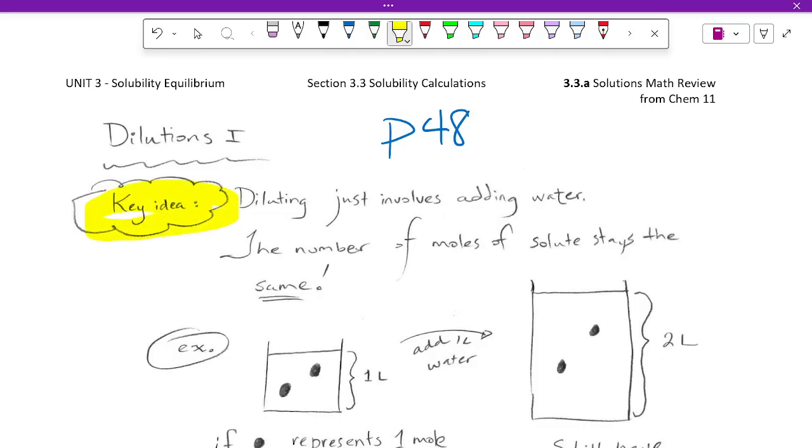So the key idea in dilutions is that diluting just involves adding water or another solution. So basically, you are just changing the volume.